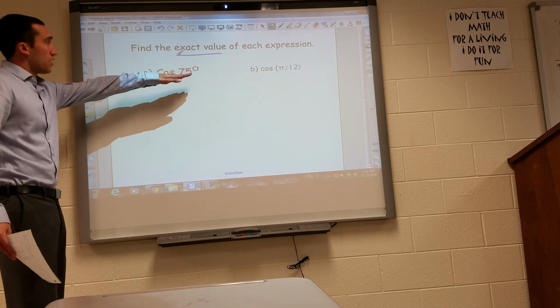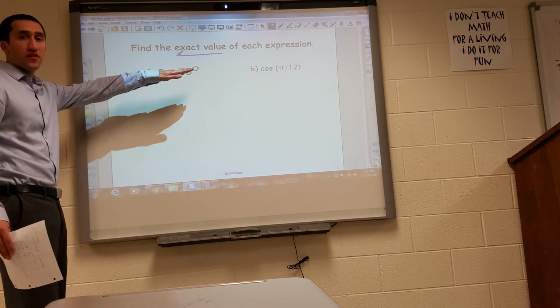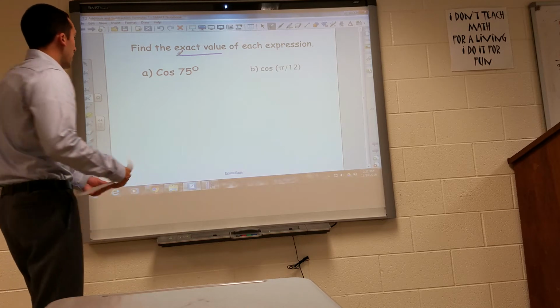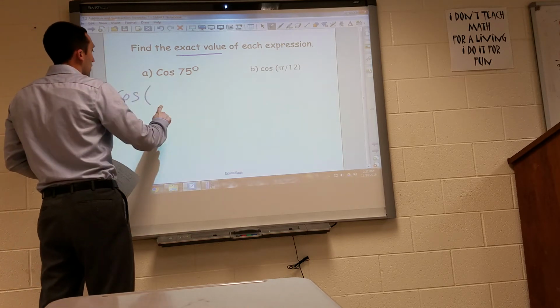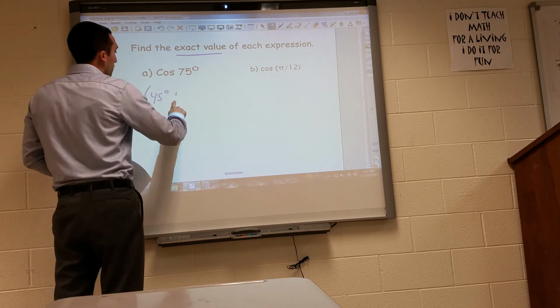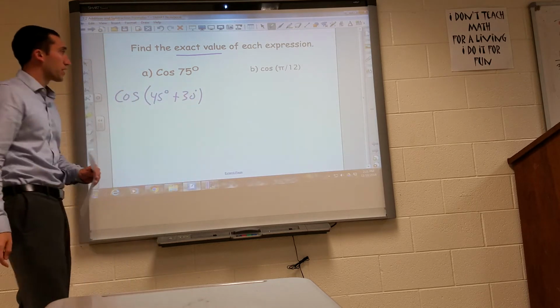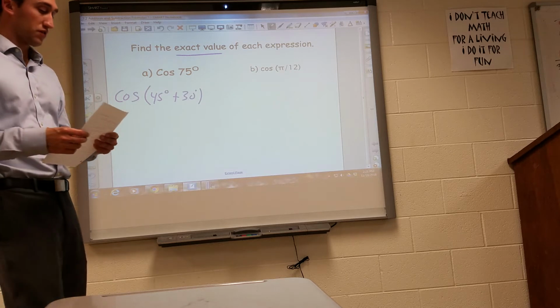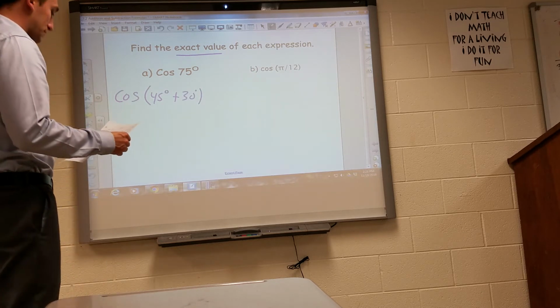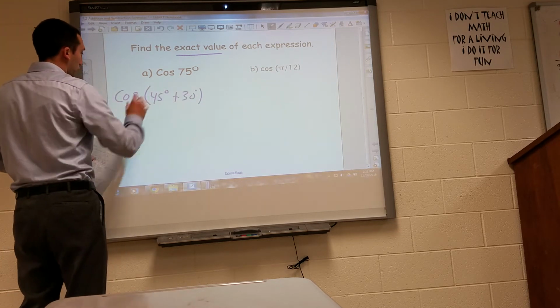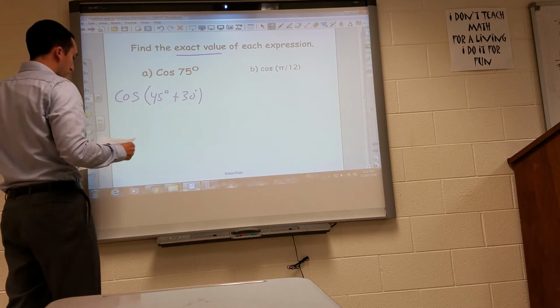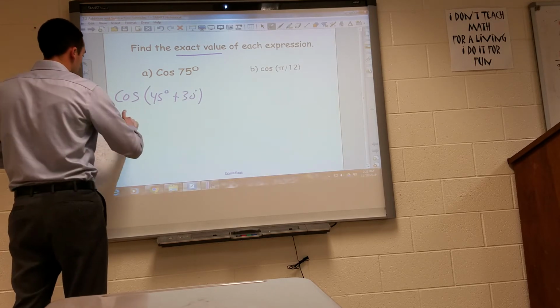So, to get to 75 degrees using the angles that we know, that's going to be cosine of 45 degrees plus 30 degrees, right? 45 plus 30 is going to give me 75 degrees, so cosine of 75 degrees. Then I just plug into the cosine addition formula.